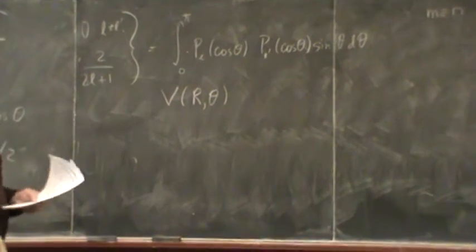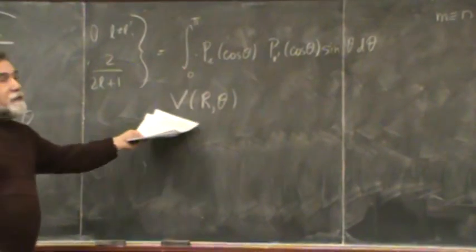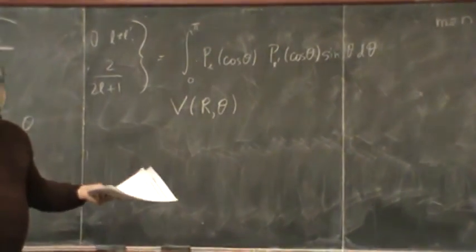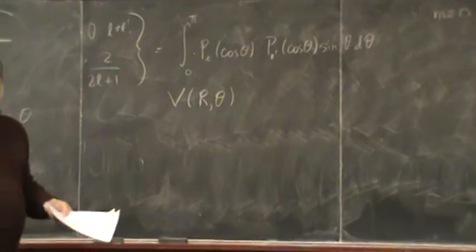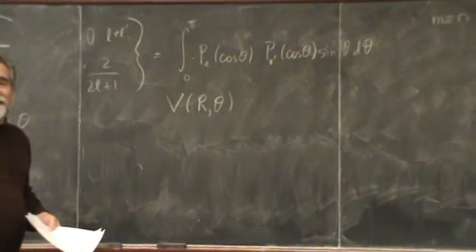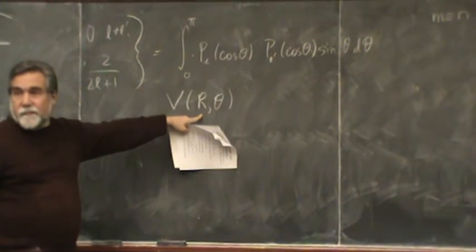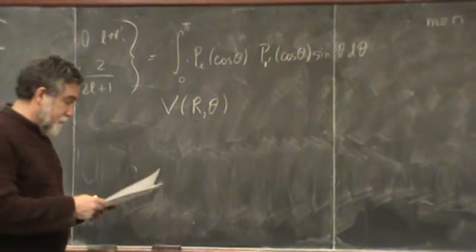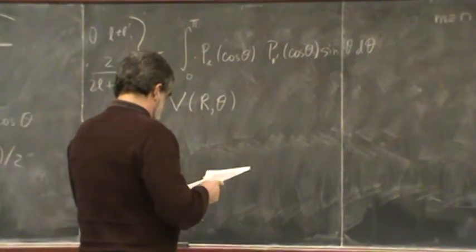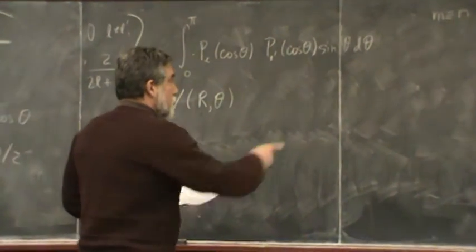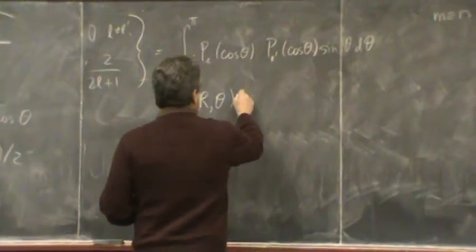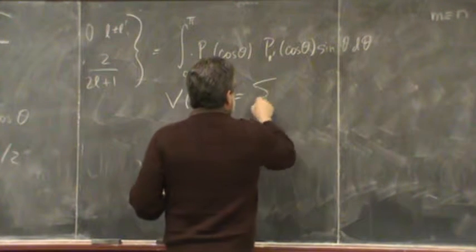The reason I'm going to define it that way is because this is a problem that's going to have spherical symmetry. So I'm going to define the potential on a spherical surface.